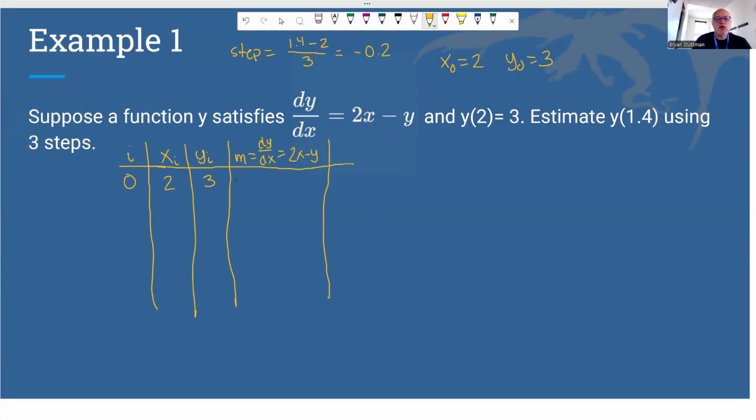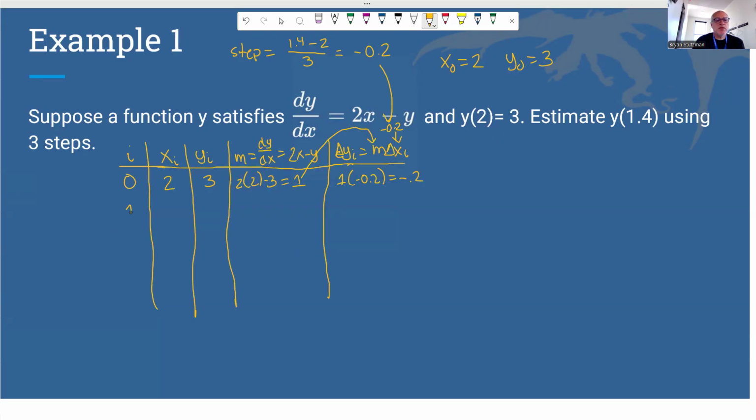So my slope is going to be 2 times 2 minus 3, which is 1. And so my change in y will be my slope times my change in x, which we know was negative 0.2 because that's the step size. Slope is 1, so my change in y will be 1 times negative 0.2, or negative 0.2.